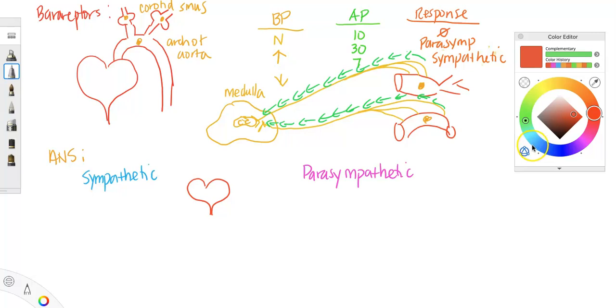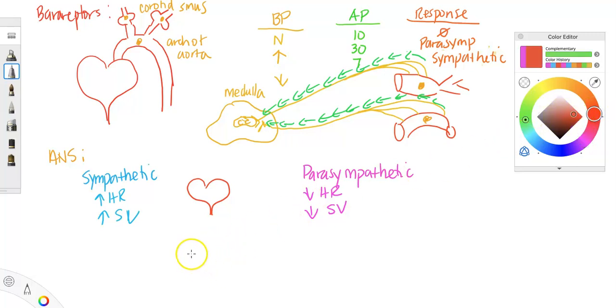Well, when pressure is down and the sympathetics want to start increasing pressure, it can increase heart rate and increase stroke volume. Okay, that's an effect on the heart. The parasympathetics, if there's too high a blood pressure, it can do the opposite. It can lower heart rate and lower stroke volume. Okay, so this is a heart thing. The parasympathetics have innervation to the heart. Okay.